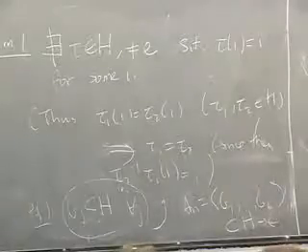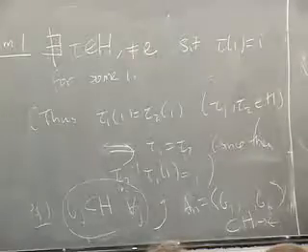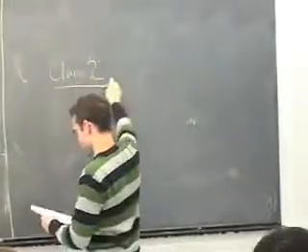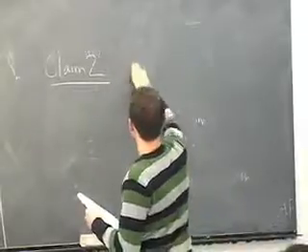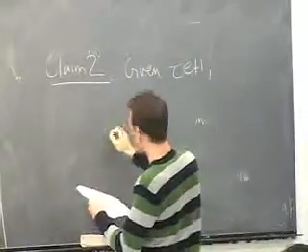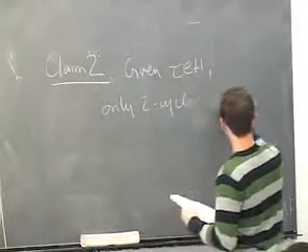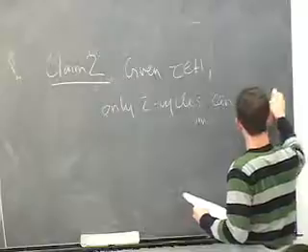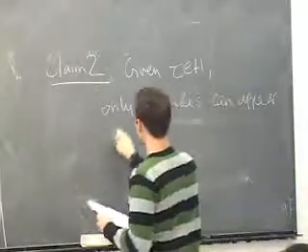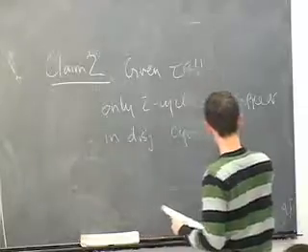And then the last two things are the following. Claim 2: given tau in H, only 2-cycles can appear in its disjoint cycle decomposition.